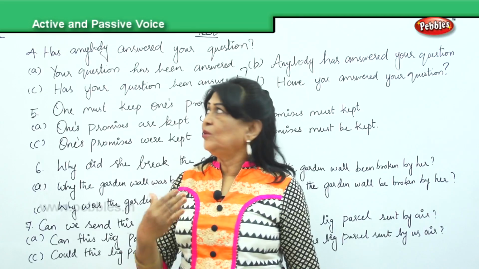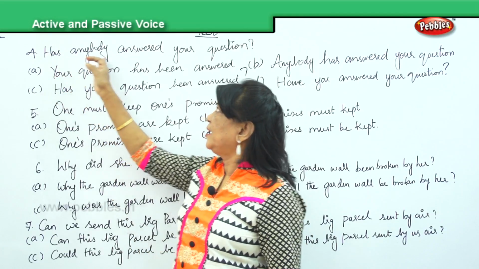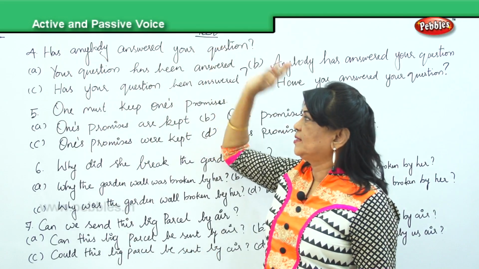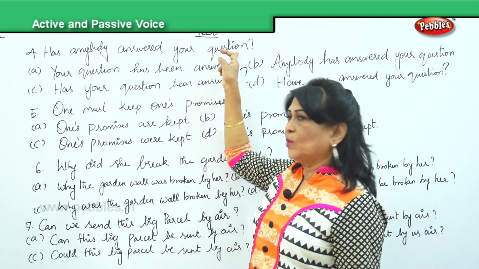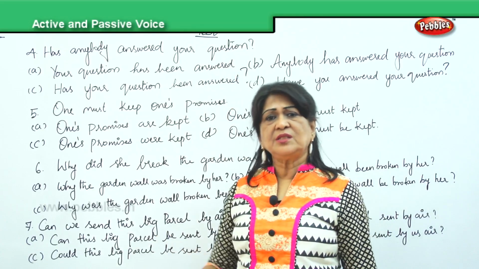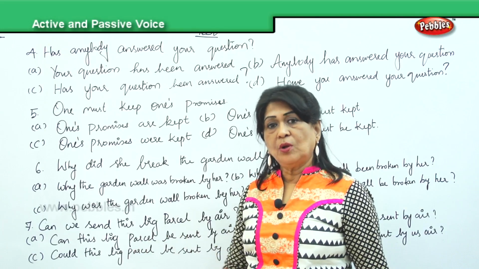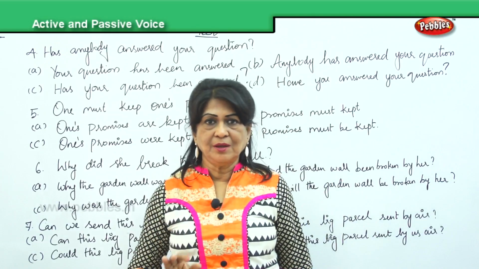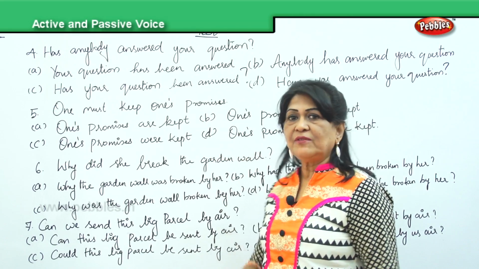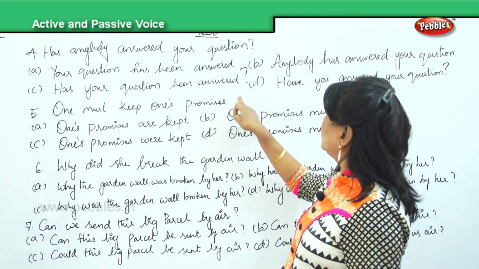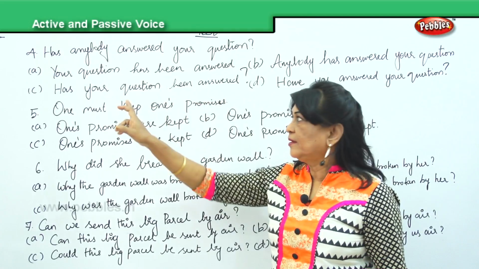I've already given you the tenses. Has anybody answered your question? Now this is a question. When you change a question into a passive voice, that also remains to be a question. So that itself is a clue now. So how many questioning sentences are here?